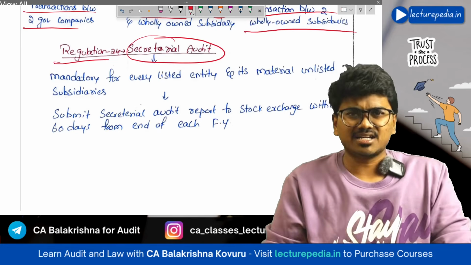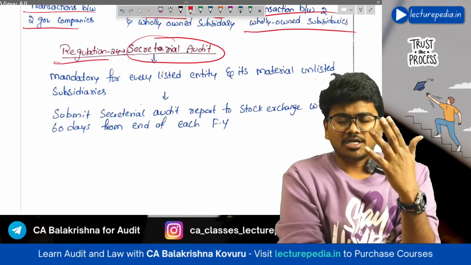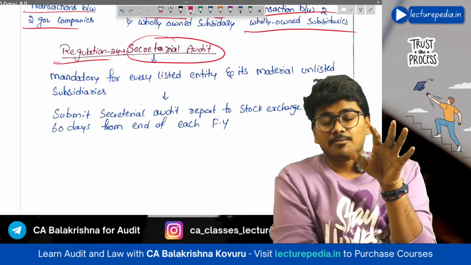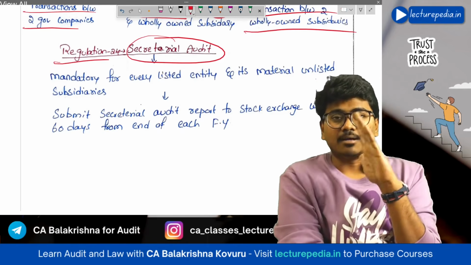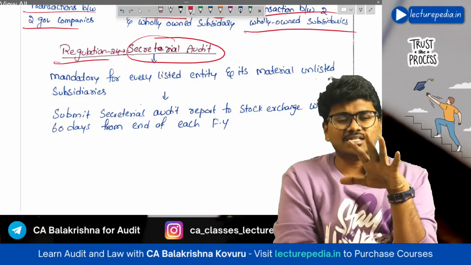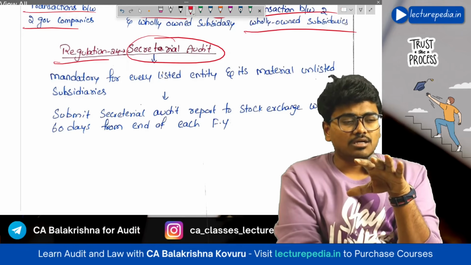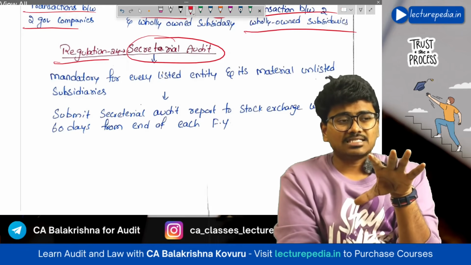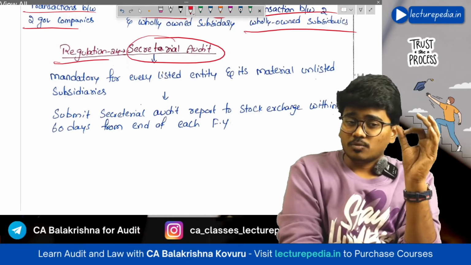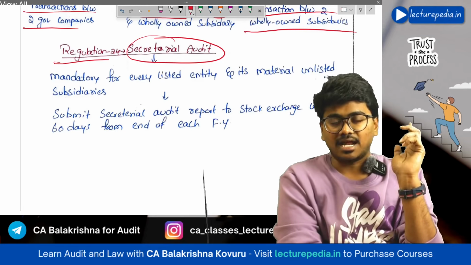Regulation 24, secretarial audit. See, just like statutory audit will be done by a chartered accountant, the listed entities have to get the secretarial audit done by a company secretary. Now, what will be there in the secretarial audit? Basically, in secretarial audit, the company secretary will check whether the company has complied with all the provisions of the Companies Act or not, and he will conduct his audit as per secretarial standards.